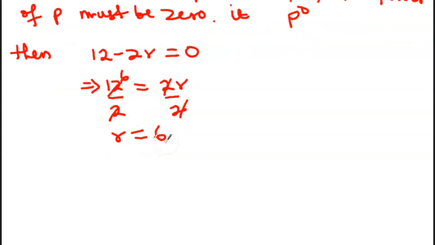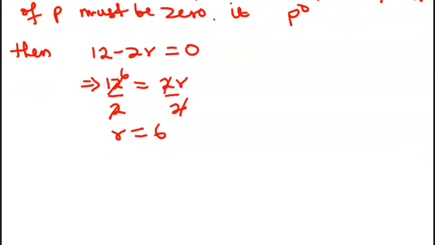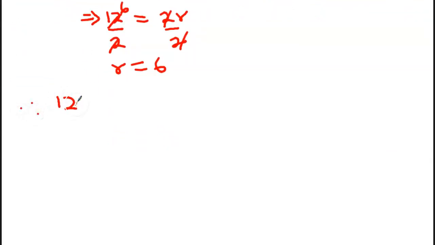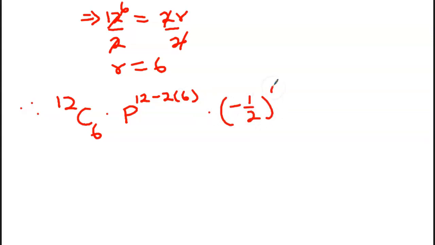So when r is equal to 6, then we are going to have a term which is independent of p. We are going to find 12 combination, we know r now, 6, times p to the power 12 minus 2 times 6, times minus 1 on 2 raised to the power 6.